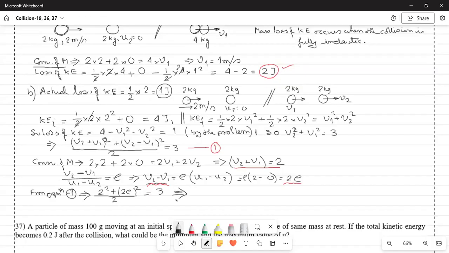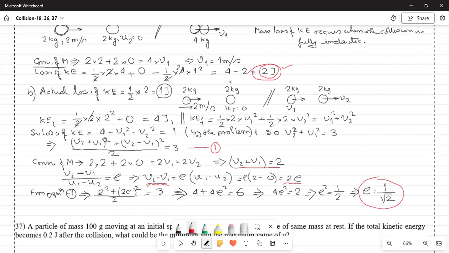From here we get 4 plus 4e square, equal to 6, so e square is 1 by 2, from where we get the second answer, and this was the first answer.